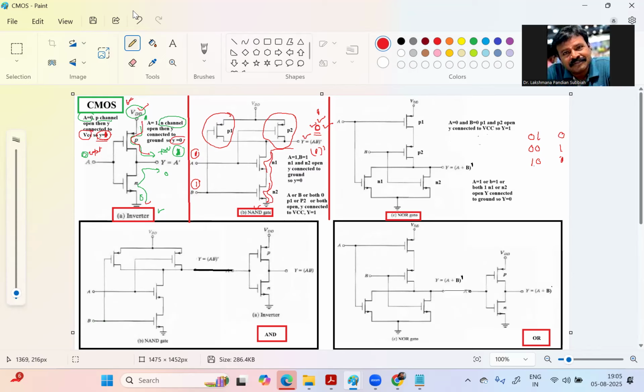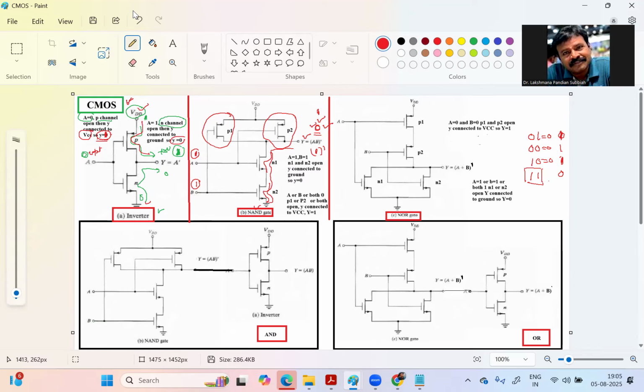If you are applying both 1, the result is 1, 1, 1, then inverted, 0, right? So this result is 0, and the others are inverted, we are getting all 1, right?